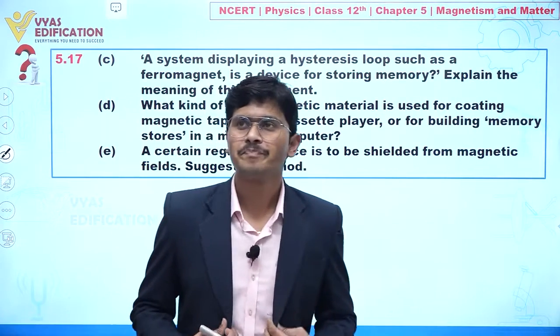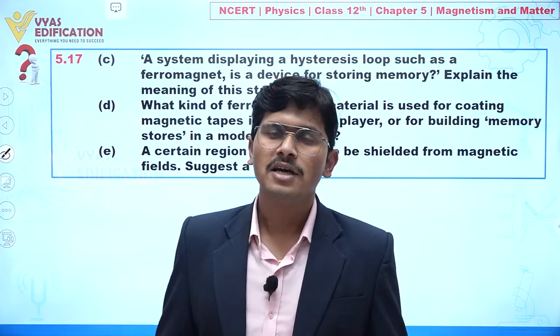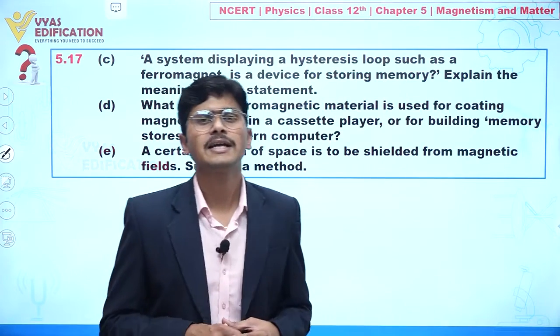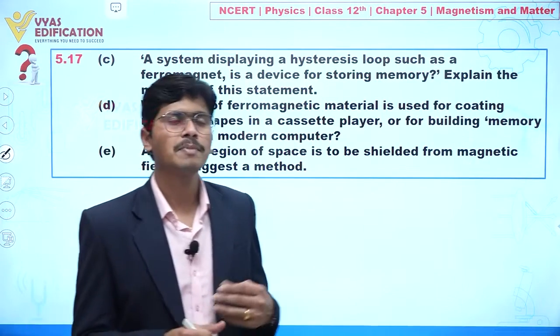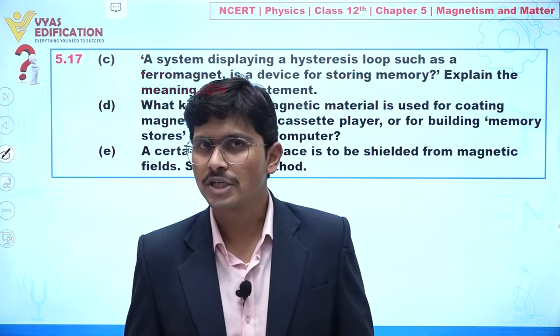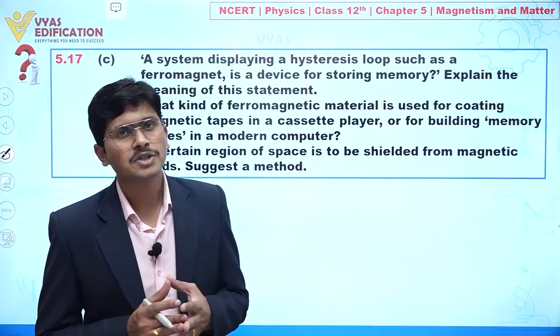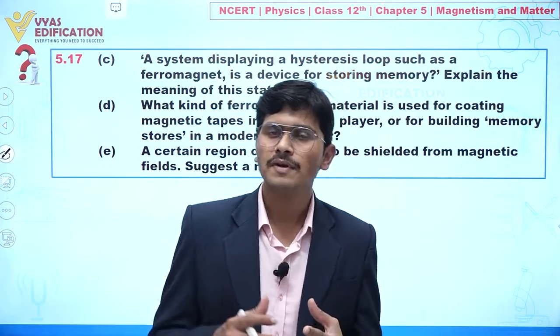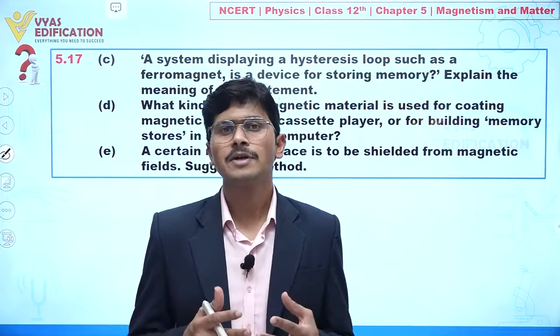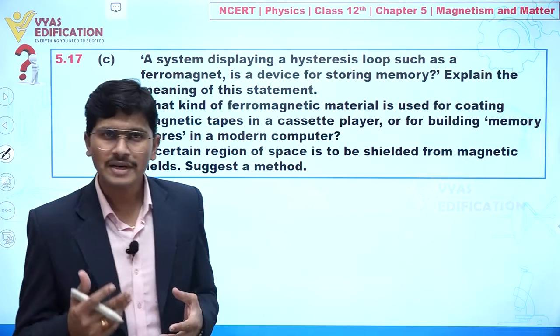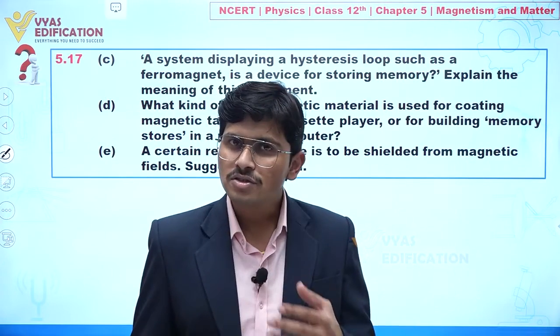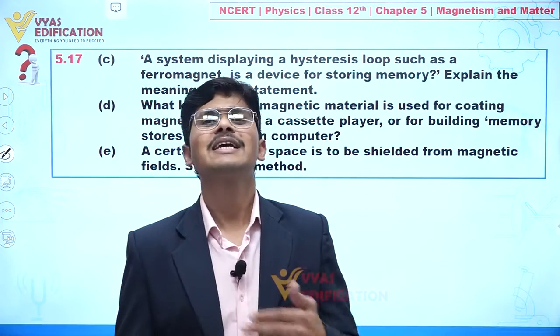Now listen carefully. Generally, if we talk about the BH curve, we can understand this BH curve by applying some magnetizing field to a ferromagnetic substance. But its magnetic field depends not on only one factor. Actually it also depends on the number of times this cycle is repeated.